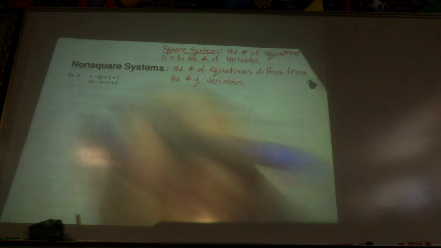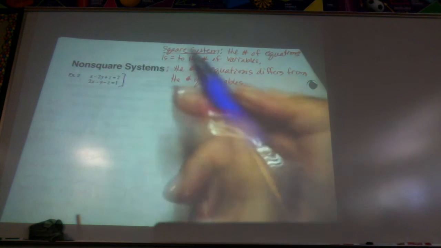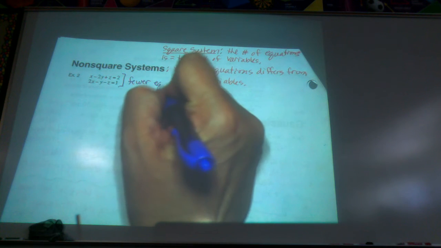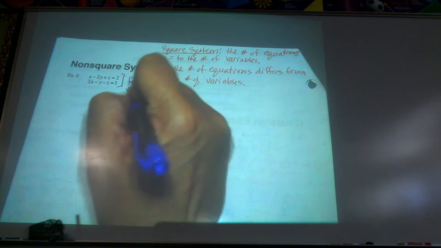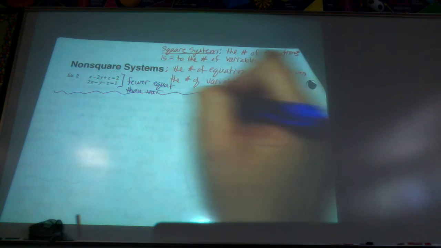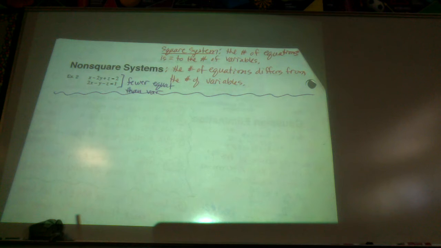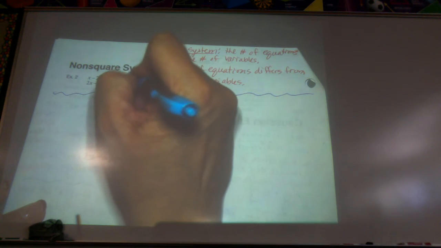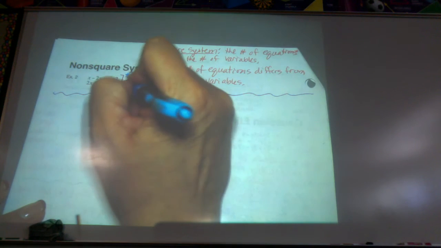So here, you can see we have fewer equations than variables. So this is going to be equation number 1, and this is going to be number 2.